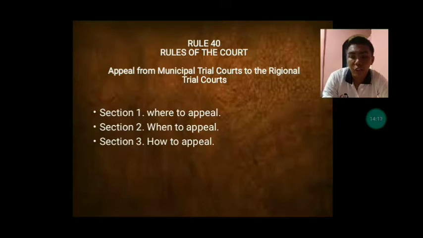A record on appeal shall be required only in special proceedings and in other cases of multiple or separate appeals. The form and contents of the record on appeal shall be as provided in Section 6, Rule 41, and copies of the notice of appeal and the record on appeal, where required, shall be served on the adverse party.